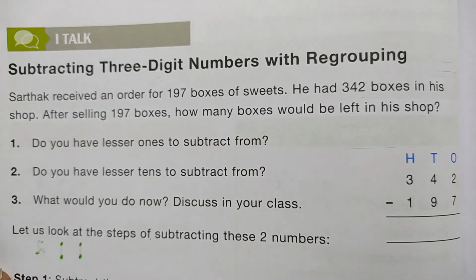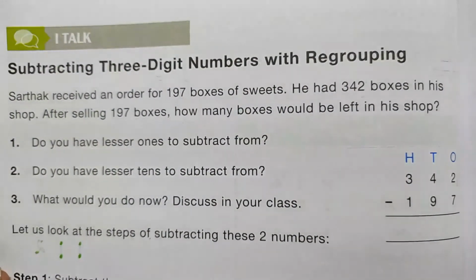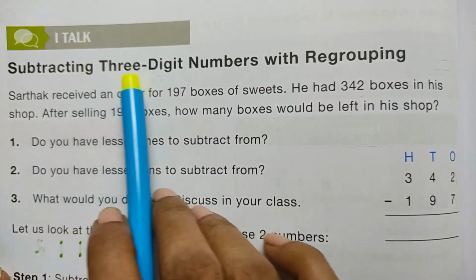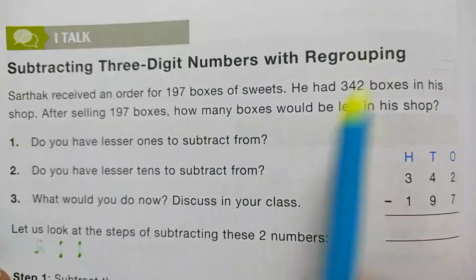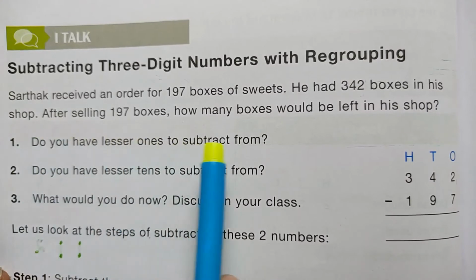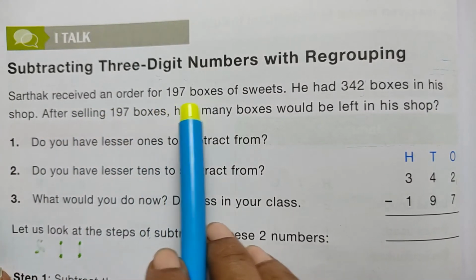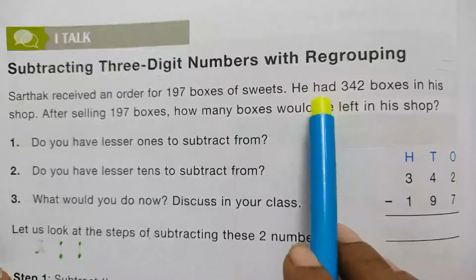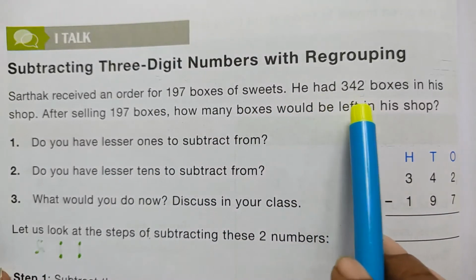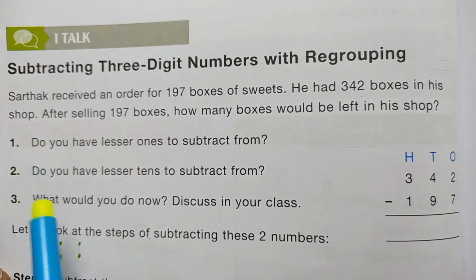Now children, open page number 90. Subtracting 3-digit numbers with regrouping. Here is one question. Sarthak received an order of 197 boxes of sweets. He had 342 boxes in his shop.